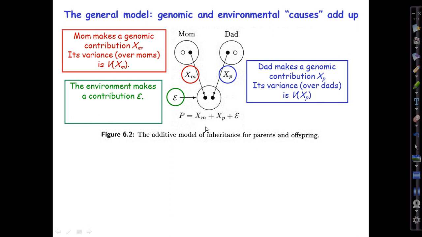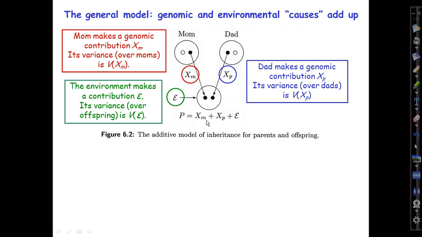lowercase. And it has some variance, of course, over offspring, which is just the variance of experience of the world by the individual as it develops. And so there's another random contribution, presumably with a mean of 0.